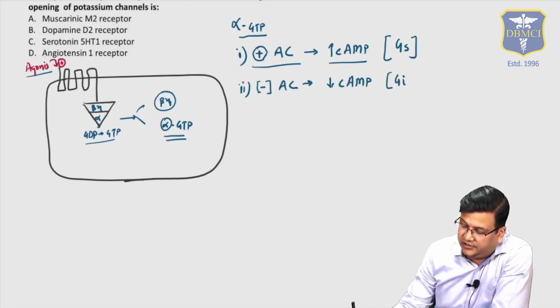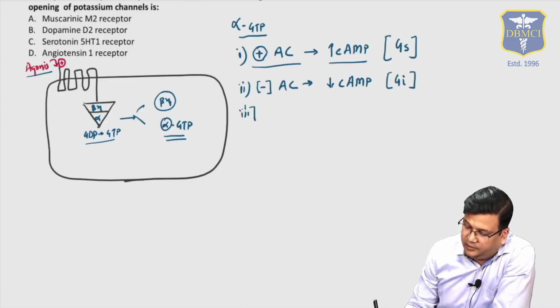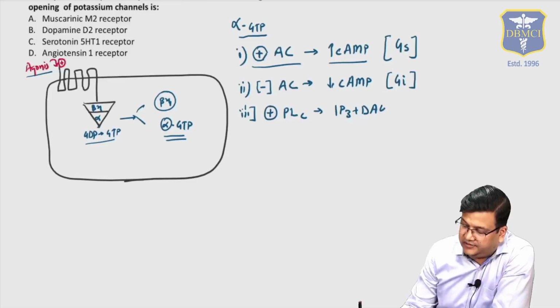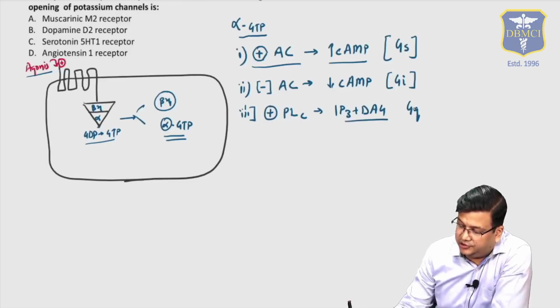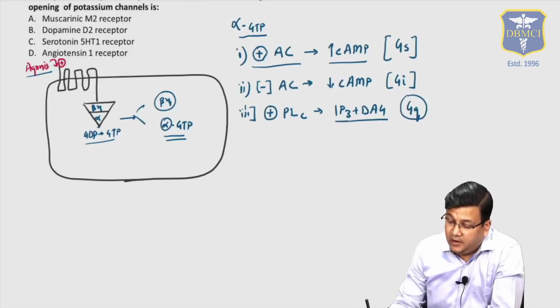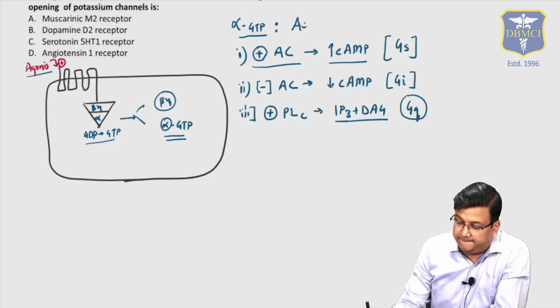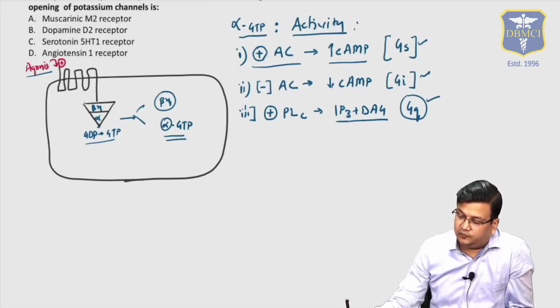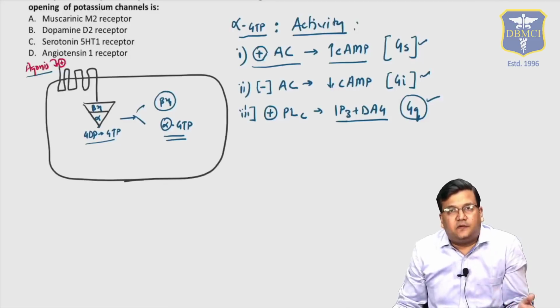This is known as GI kind of GPCR. And the third thing this alpha subunit can do, it can activate another enzyme known as phospholipase C, and that will increase IP3 and DAG inside the cell. This is known as GQ. IP3 will further increase the intracellular calcium. So based on alpha subunit activity, GPCRs have been traditionally classified into GS, GI and GQ, and this is what has been asked so far in the exams.